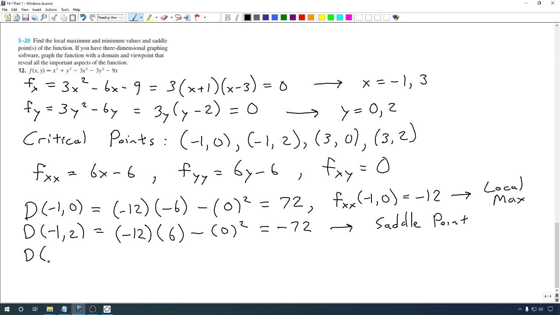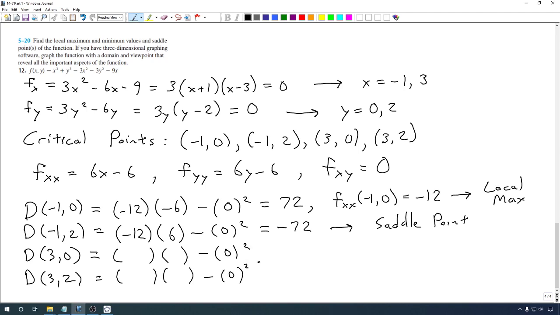And then we just keep going. We have to look at 3, 0, and we're going to have to look at 3, 2. And we'll just calculate those values. We'll still have zeros for both of these. In fact, since f sub y did not depend on x at all, it's going to be a repeat of the 0, 2 that we had here.